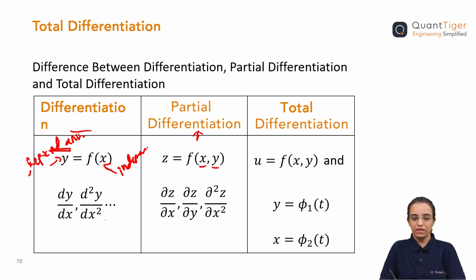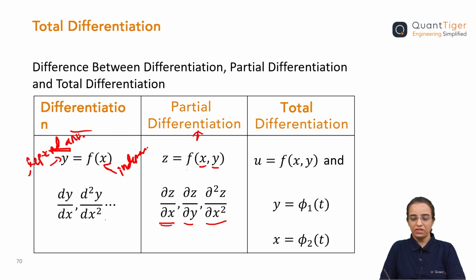So for example, if I differentiate partially with respect to x, y will be constant, and if I differentiate with respect to y, x will be constant. That's why we write it in this way, del z by del x and del z by del y, and this is second order partial differentiation. So this is the concept of partial differentiation, when variables are treated as independent.